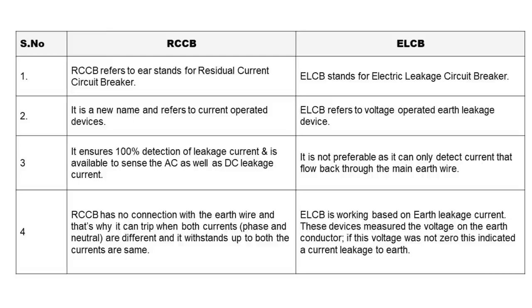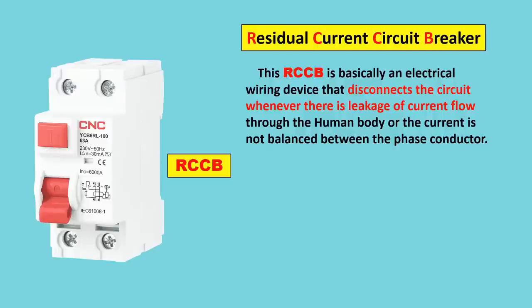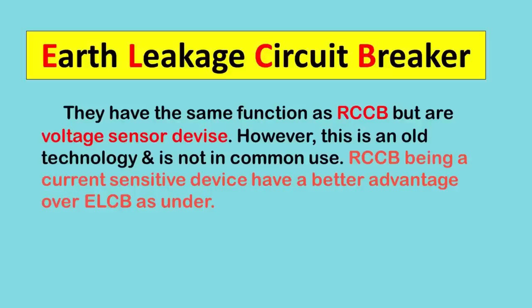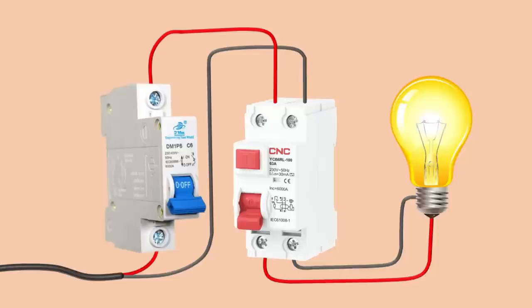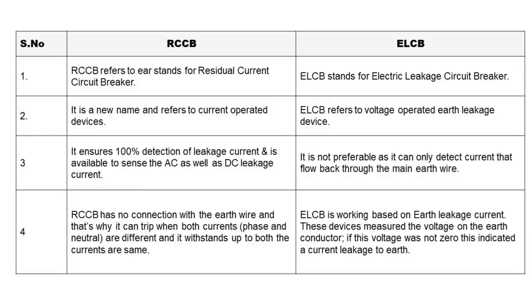Besides, there are many differences, but they are not so important. For now, just understand that both RCCB and ELCB are a type of device which provides protection from electric shocks and earth fault. If you go to market to buy a ELCB, then it may be possible that you can't find it. For now, you can only find RCCB in the market, which is more sensible than ELCB.